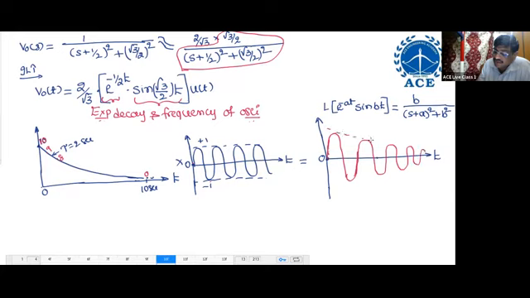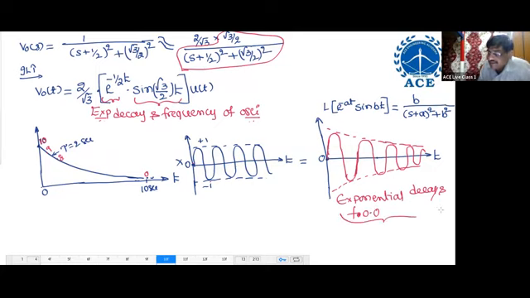That means what you are getting is exponential decay with frequency of oscillations.